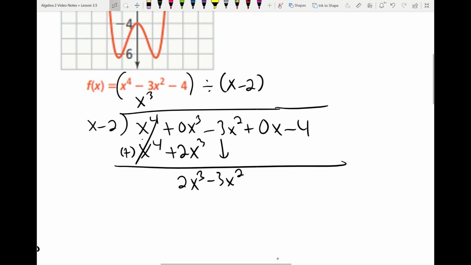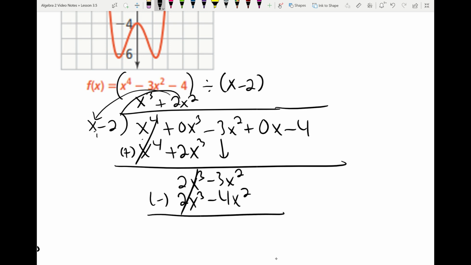So what times x is 2x cubed? That would be 2x squared. And then 2x squared times negative 2 is negative 4x squared. Subtract. Double negative becomes a positive here. This becomes 1x squared. Bring down the 0x.